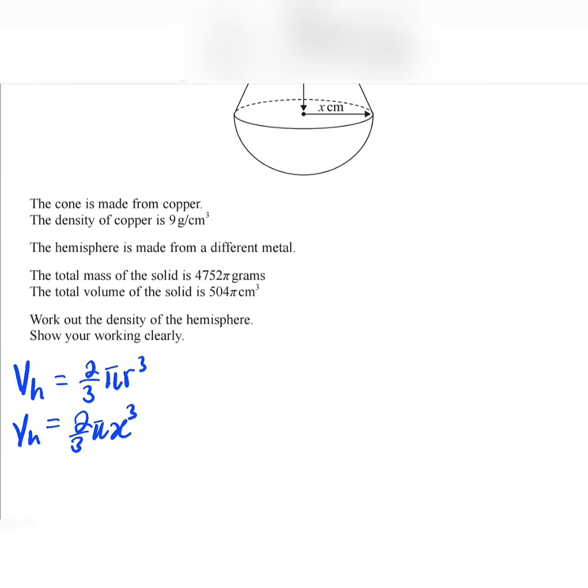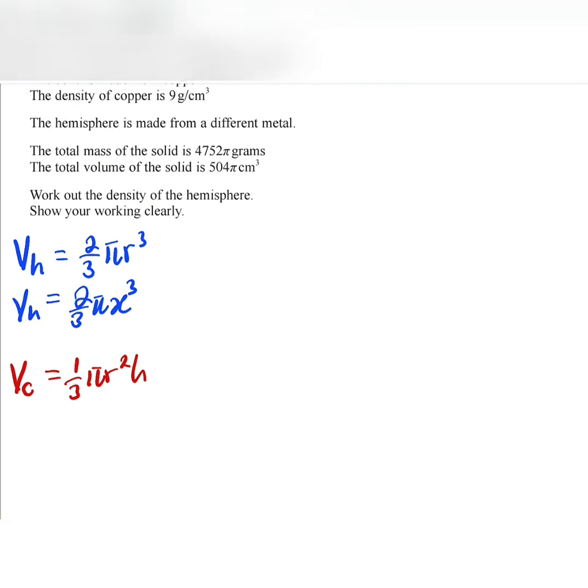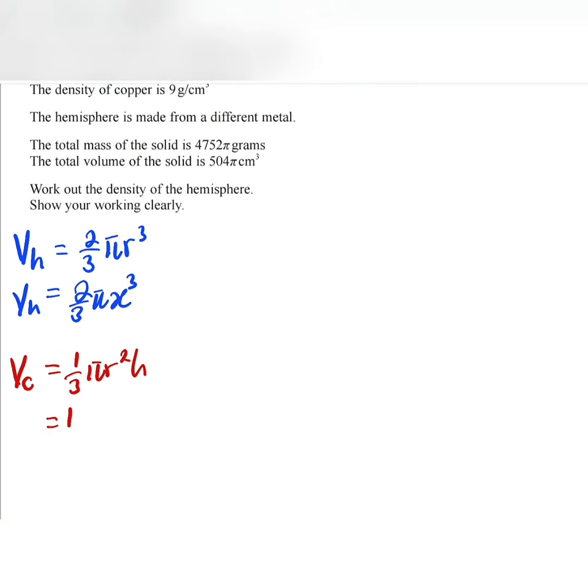Now, what about the volume of the cone? Let me use subscript C here. Remember, the volume of a cone is 1 over 3 of the volume of a cylinder. So this is 1 over 3. Volume of a cylinder is what? Pi r squared h. So this is 1 over 3 pi. They share a common radius, right?